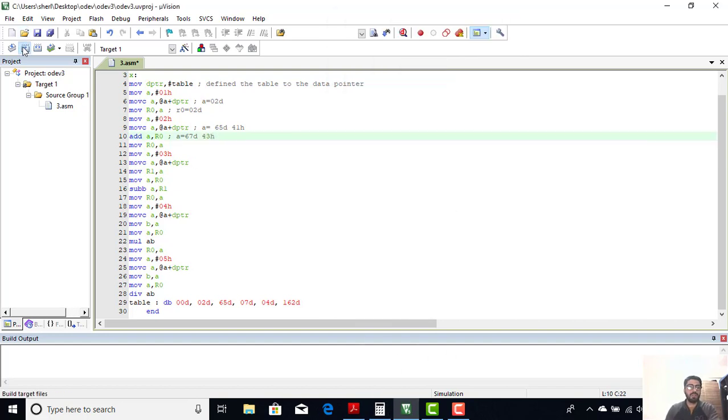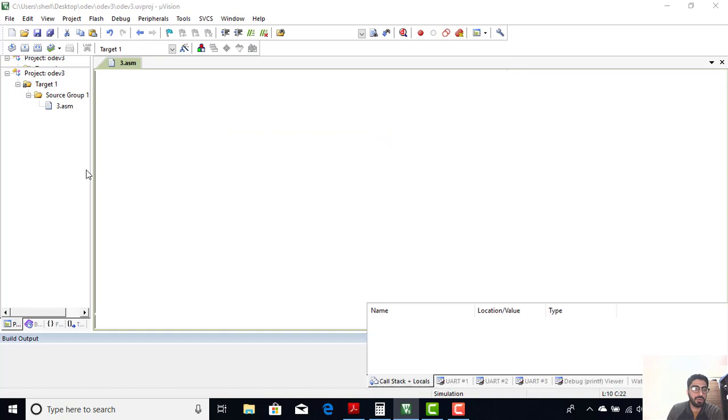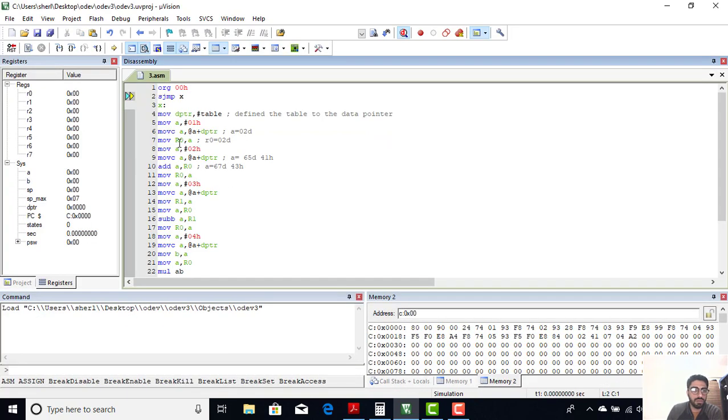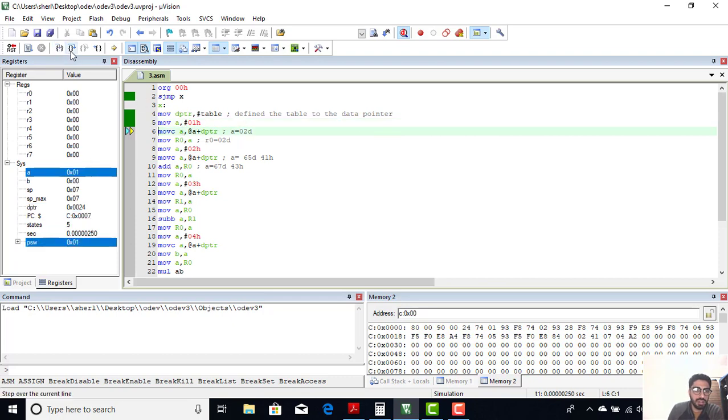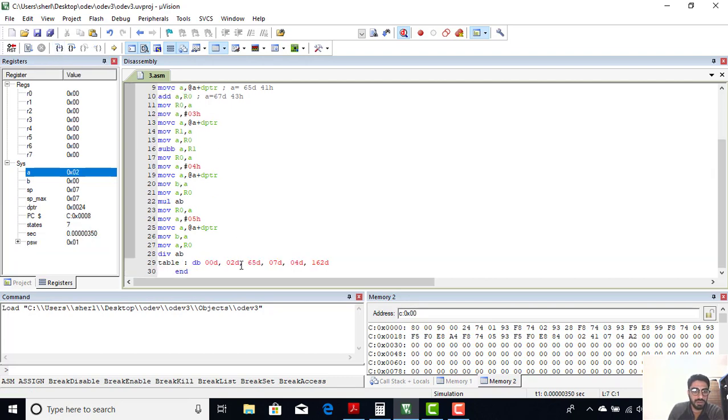Let's run the program to be sure that we are working rightly with no errors, and follow the program step by step. As we said, we defined the table to the DPTR, gave A 1, and then we will pick the first value of the table, which is 2, this one.